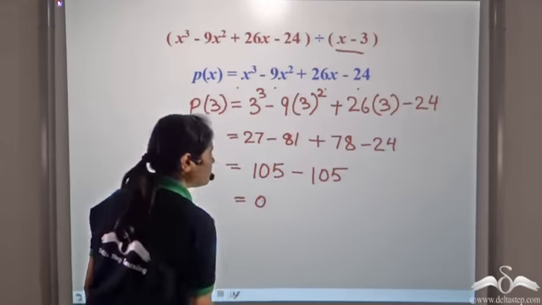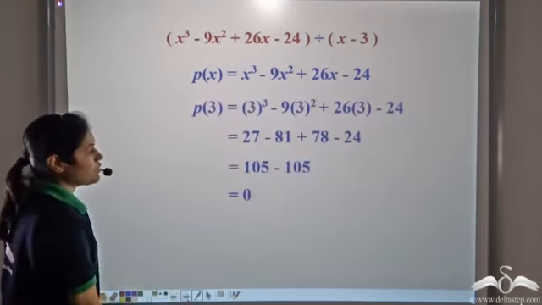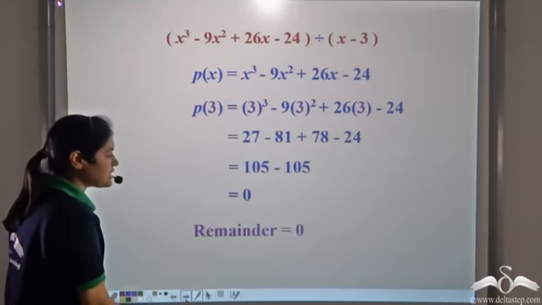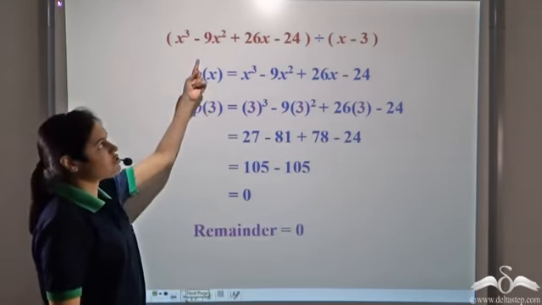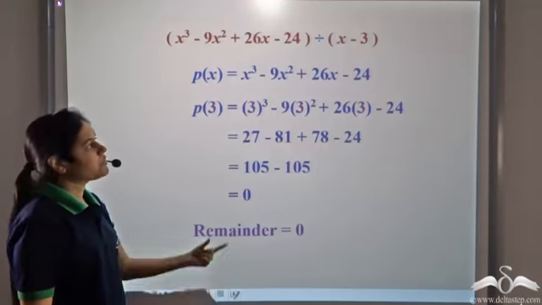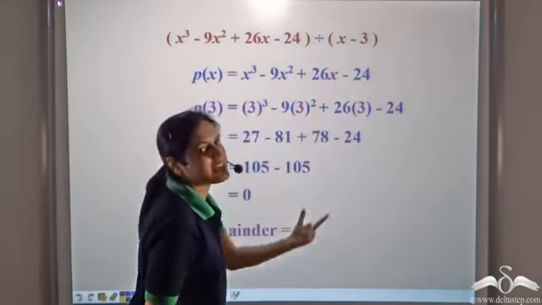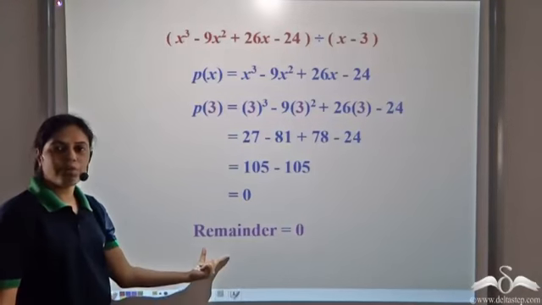So we get 0. So p(3) is equal to 0, or we can say that the remainder of this division is equal to 0. So the remainder when this polynomial is divided by x minus 3 is 0.